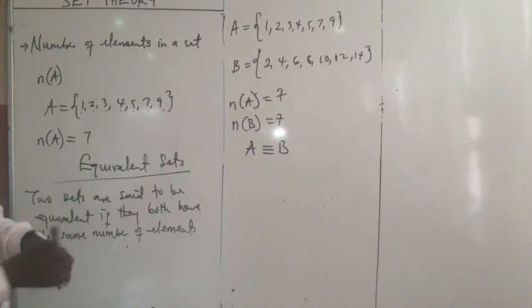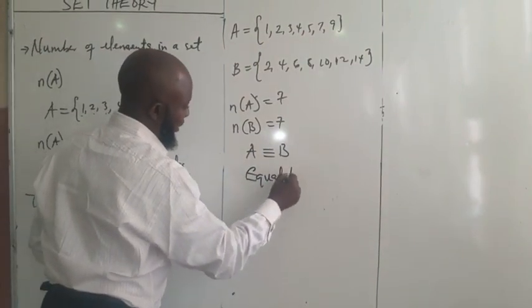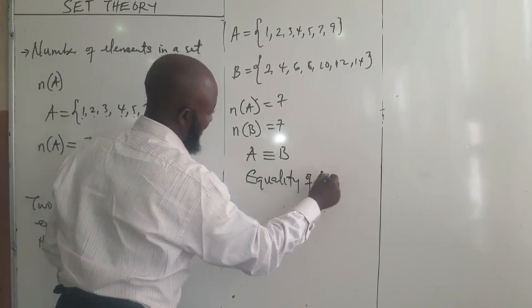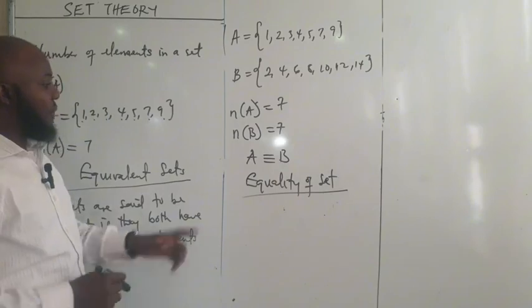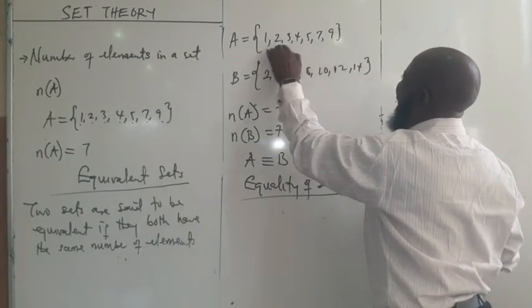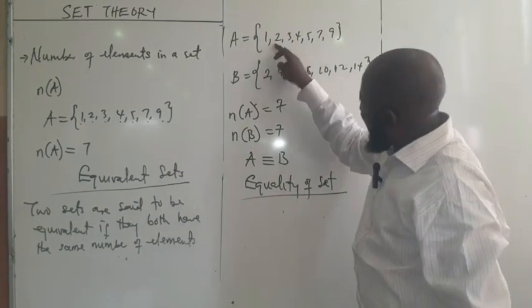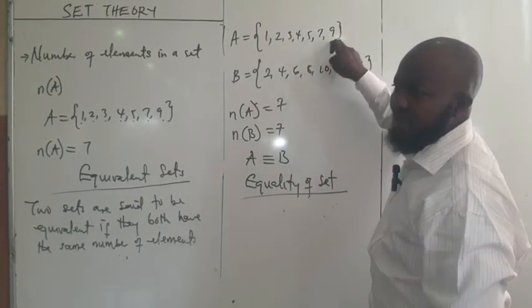Then we also have equality of sets. They are not the same thing as equivalent sets. The difference between the two is that we are going to have the same elements. If you have 1 here, you must have 1 here; 2 here, 2 here; 3 here, 3 here; 4 here, 4 here; 5 here, 5 here.